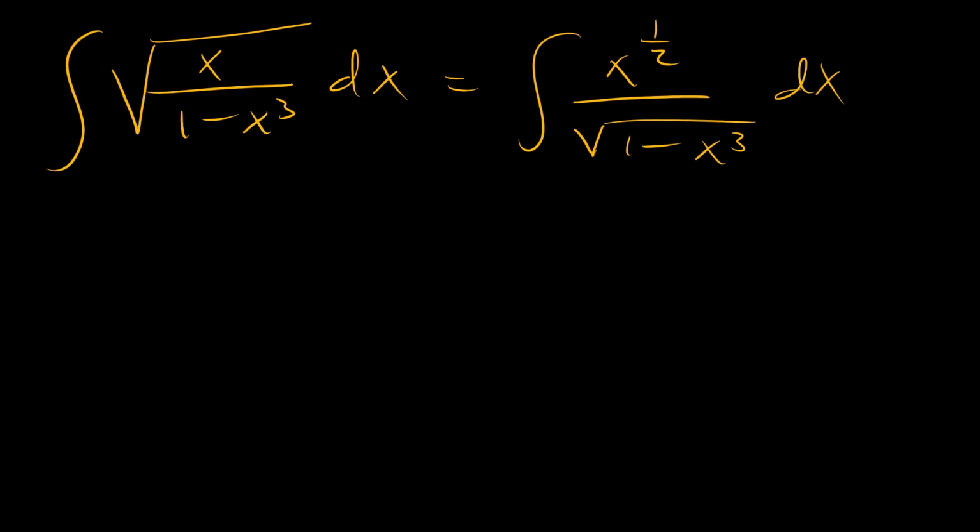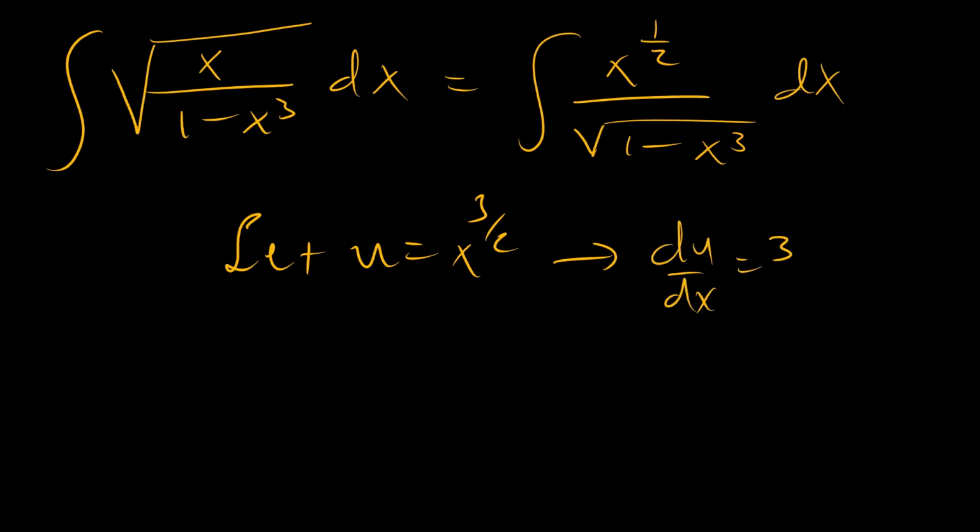What we see there is that x to the power half is the derivative of x to the power 3 over 2. So if we say let u be equal to x to the power 3 over 2, then du/dx is equal to 3 over 2 x to the power half.